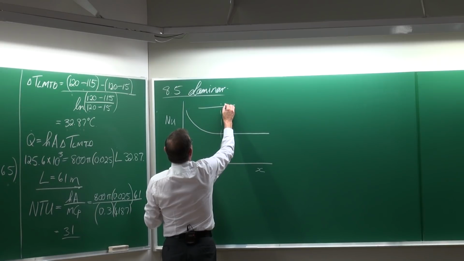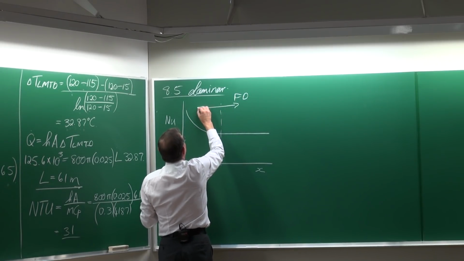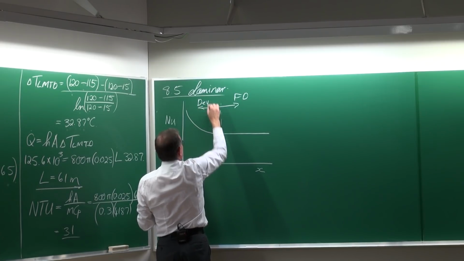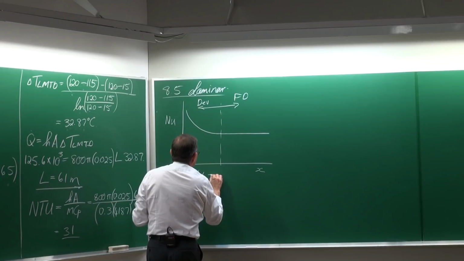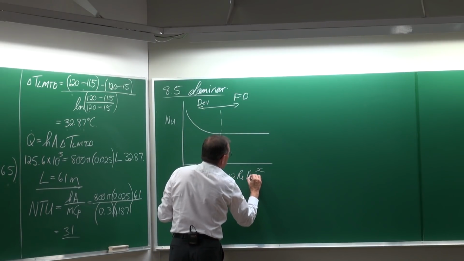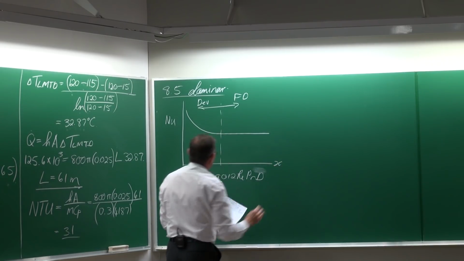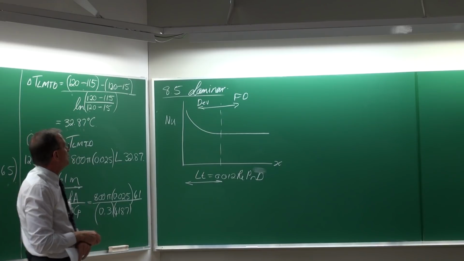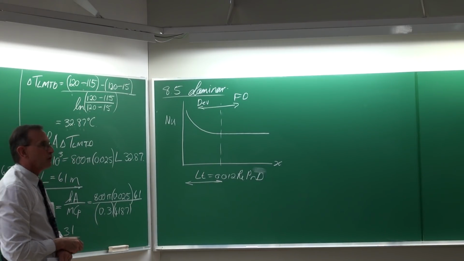Remember, that is for fully developed flow, and that is for developing flow. And that distance, LT, is equal to 0.012 Reynolds Prandtl times the diameter. That is how you're going to determine that distance between developing and fully developed flow.